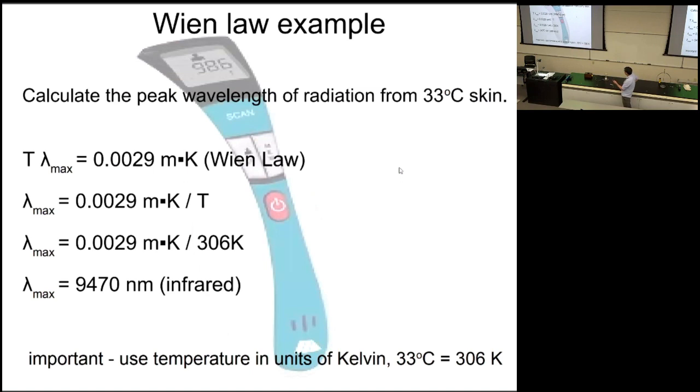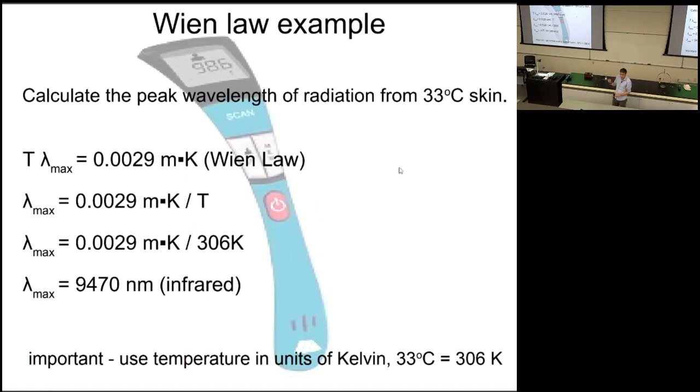Anyway, we're going to use this law, and we're going to rearrange it. Lambda equals this constant divided by the temperature. We're going to plug in the temperature of you and I in Kelvin, 306 Kelvin. And if we carry out the calculation, we find that the peak wavelength we radiate at is 9,470 nanometers.